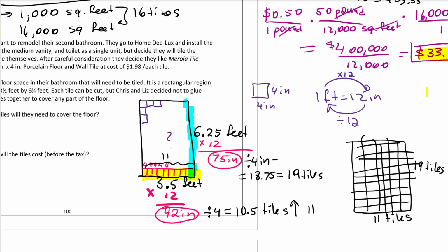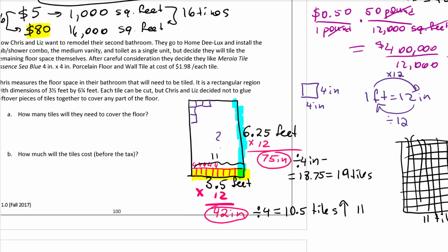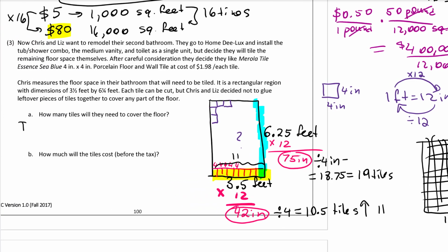So what's the total number of tiles we need? How are we going to determine that? I'll give you a moment. The total number of tiles is going to be 19 multiplied by 11, and that gives us 209 tiles.